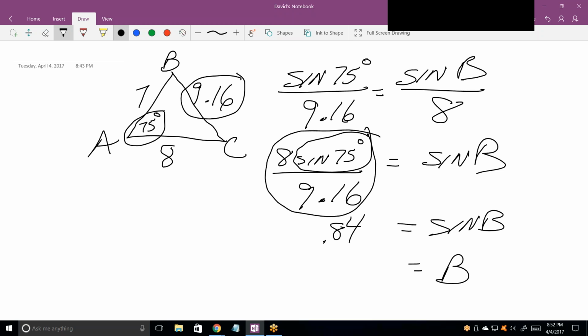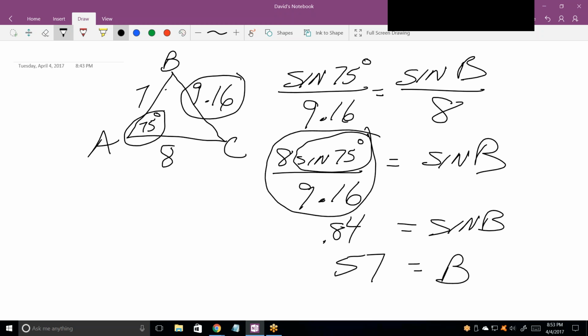Always. So there is no problem that requires the law of cosines the whole way. There are only two types of triangles that require you to start with the law of cosines, and I'll get to the next one in a second. But let's finish this problem. What is B? 57.5.